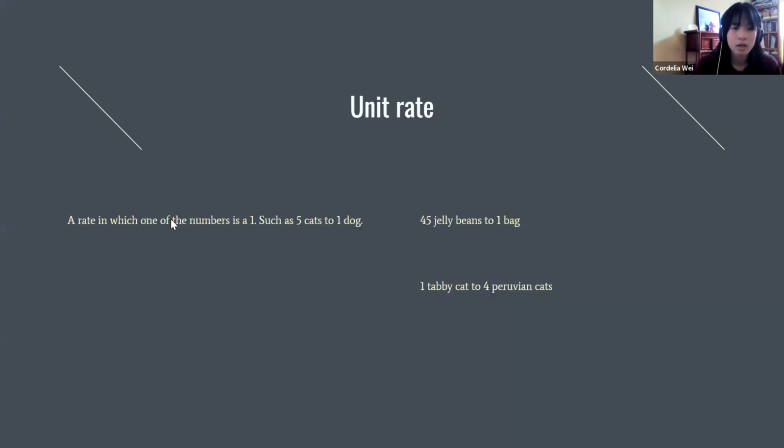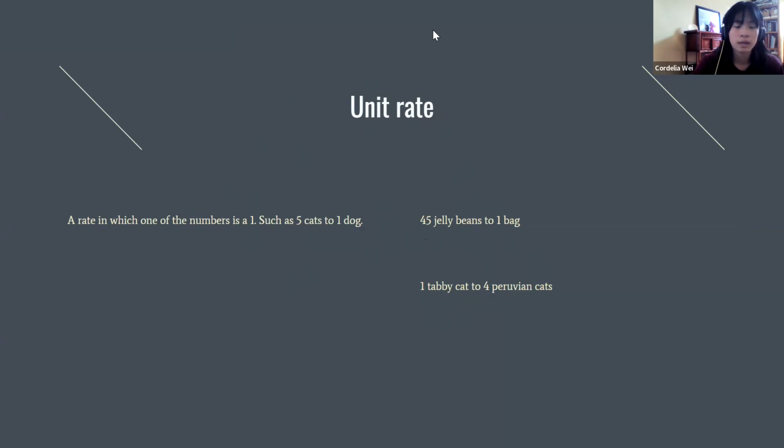A unit rate is a rate in which one of the numbers is a 1, such as 5 cats to 1 dog, or 54 jelly beans to 1 bag, or 1 tabby cat to 4 Peruvian cats. Like I said, I really like cats, so I put that example in there.